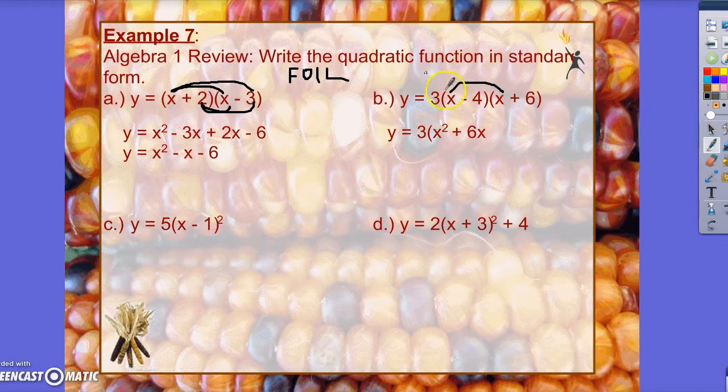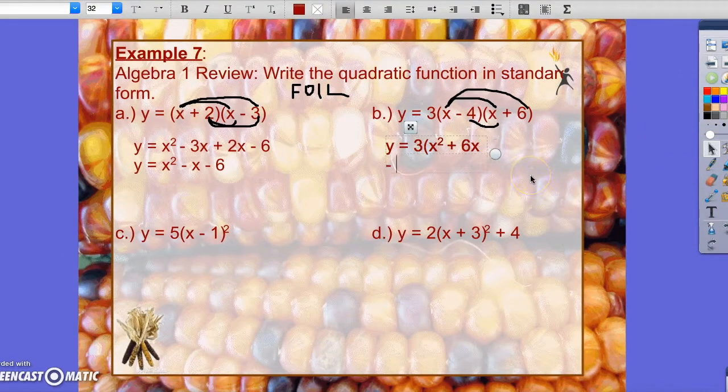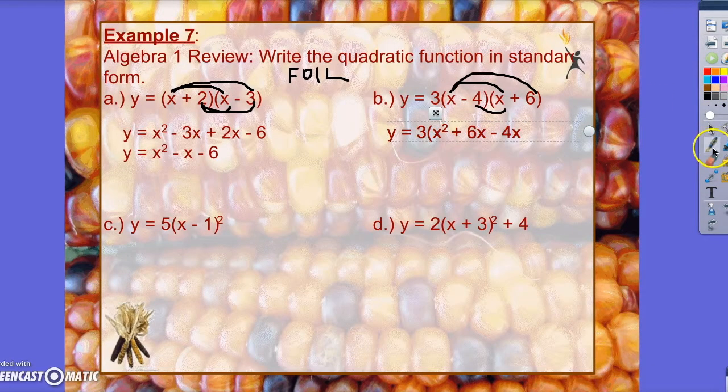Because you had the outer, then inner, negative 4 times x is negative 4x. And last is negative 4 times 6, which is negative 24.